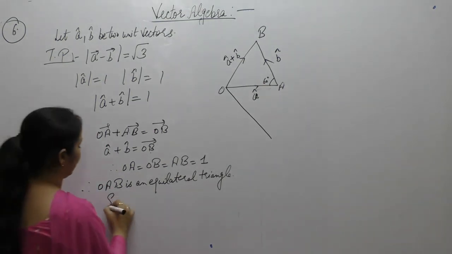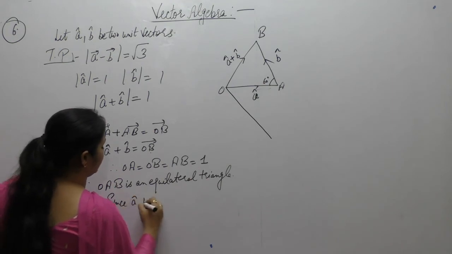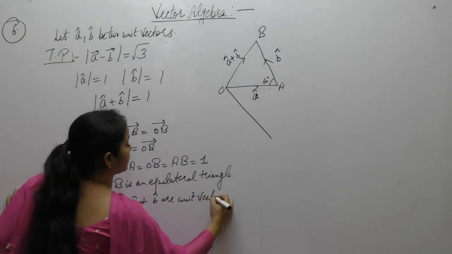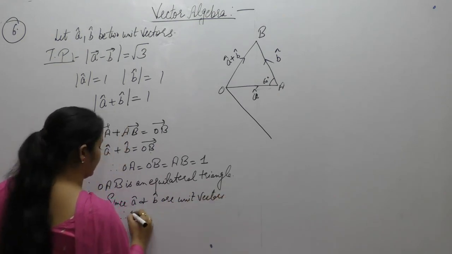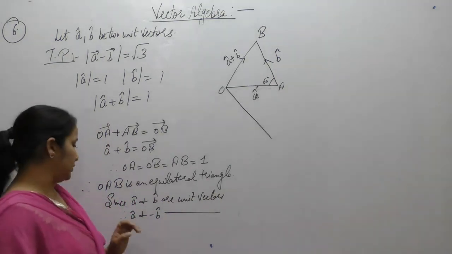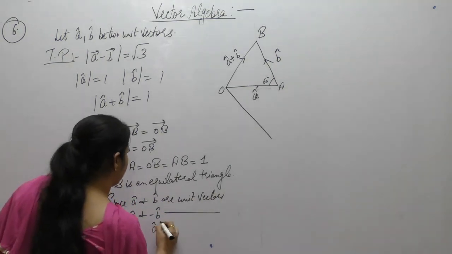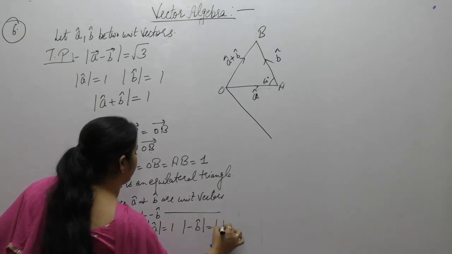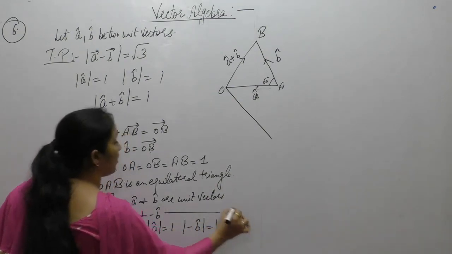Since A cap and B cap are unit vectors, A cap and negative of B cap are also unit vectors. Magnitude of A cap is 1 and magnitude of B cap is also 1.